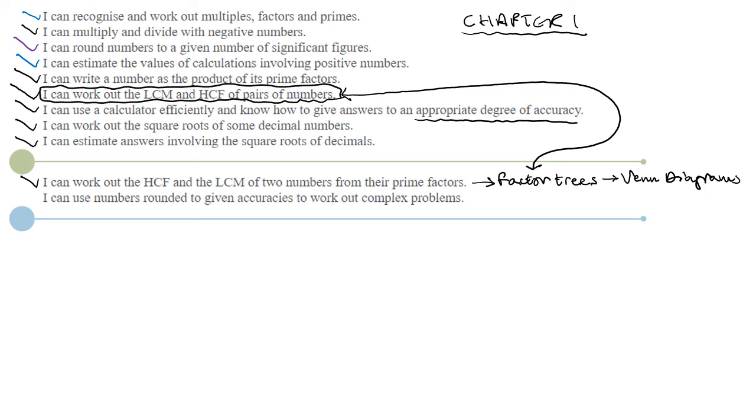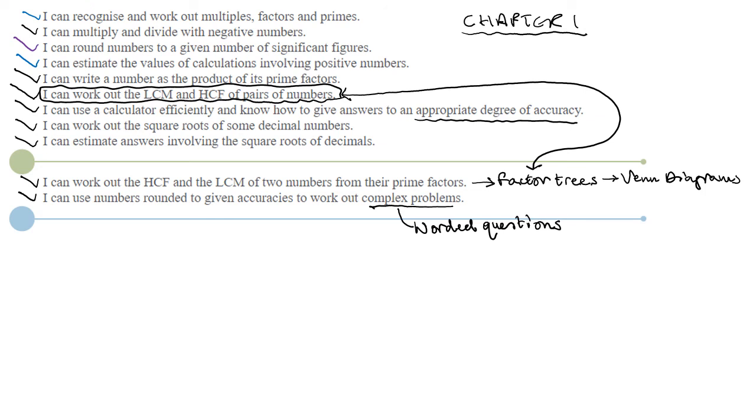So that bit's done. Then the last section, I can use rounded numbers to give inaccuracies to work out complex problems. Well, that's just a combination of maybe using your calculator with worded problems. If it says complex problems, they tend to be worded ones. And they tend to be things where you're comparing two different options, and you need to decide what calculations you're going to do, often on a calculator paper.